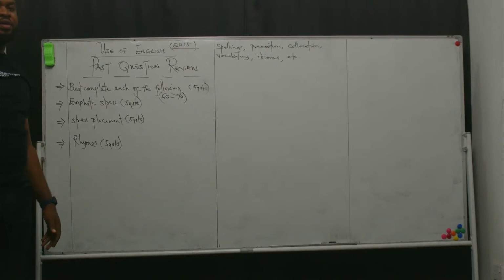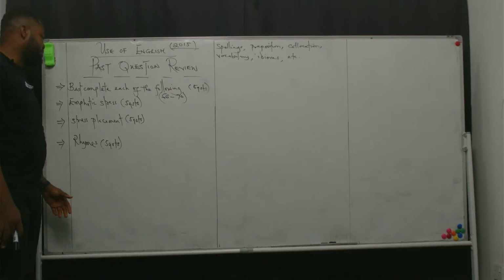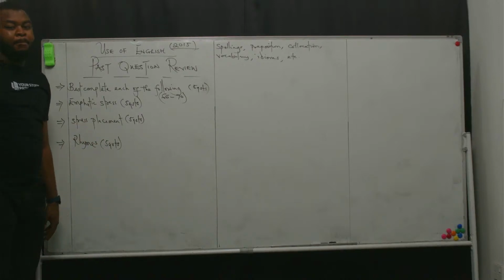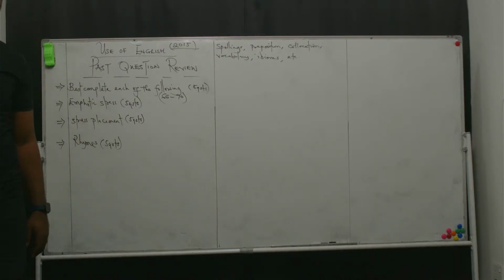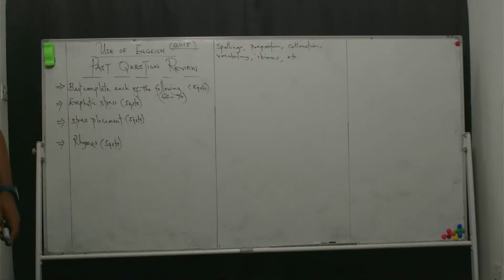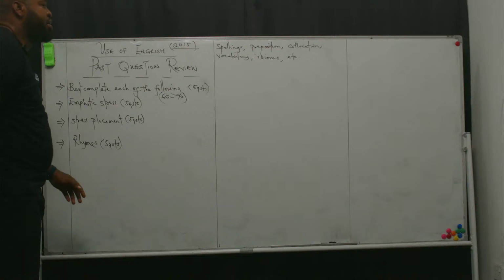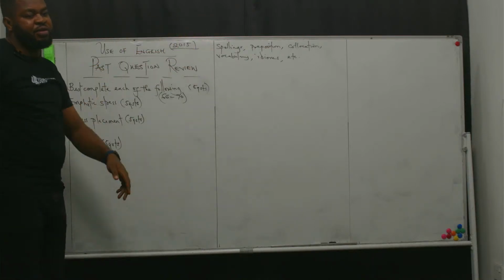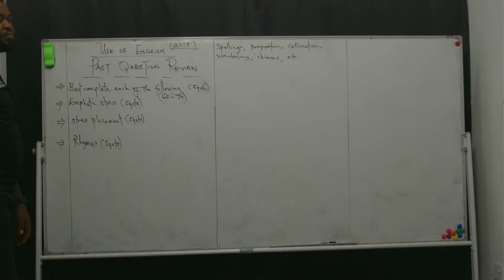So YouTube viewers and students from other platforms, these are the aspects we'll be covering. I've given you a clue already. It will basically be on spellings, preposition, collocation, vocabulary, idioms, and the rest of them. Even word classes will be tested.